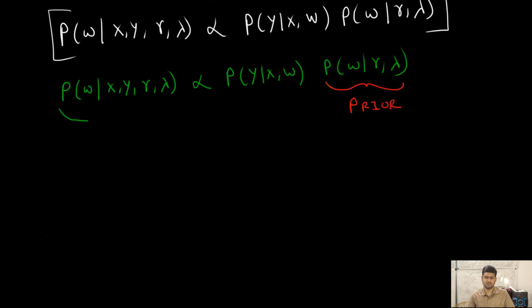The prior knowledge about the parameters W. And if you remember the previous lectures, this is nothing but the likelihood function. And the likelihood into prior is the posterior distribution.